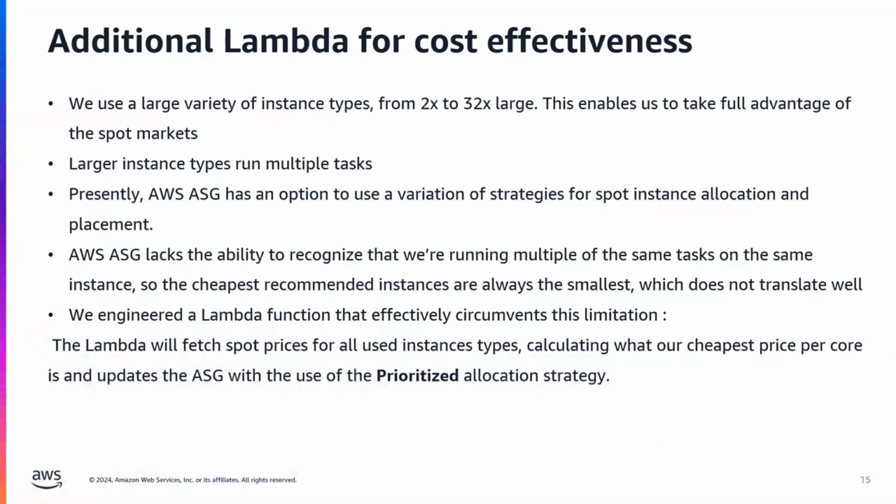Then it updates the ASG using the prioritized allocation strategy, another neat feature that ASG has. This improves upon an already efficient solution to help us save even more money and still stay stable and keep the service running nice and neat in all cases.